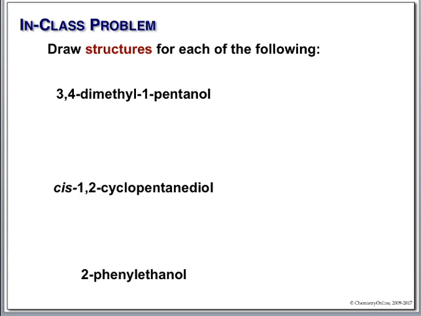Now again, the simplest way that I think to do this is to start at the end and say this is going to be a 1-pentanol. So you have 5 carbons with an OH group on carbon 1. So this is carbon 1. We also have methyl groups in carbons 3 and 4. So that's 1, 2, 3, and 4.